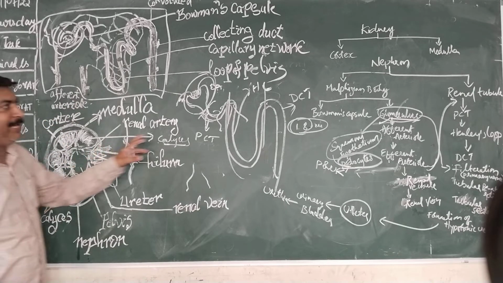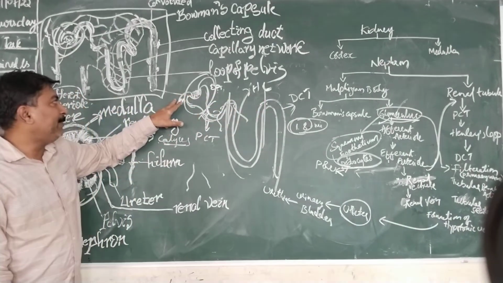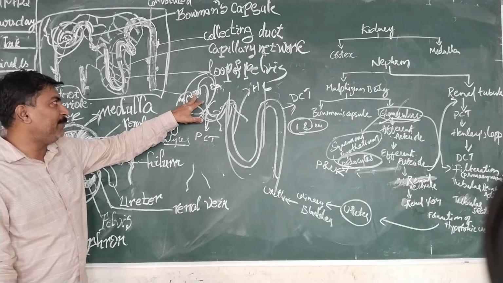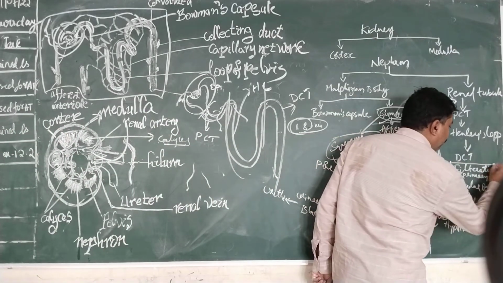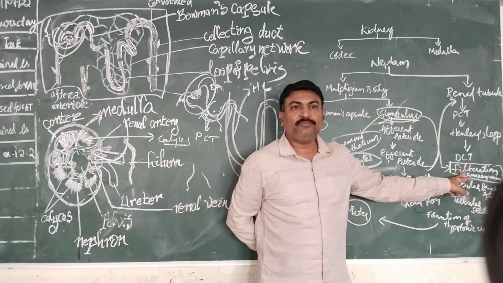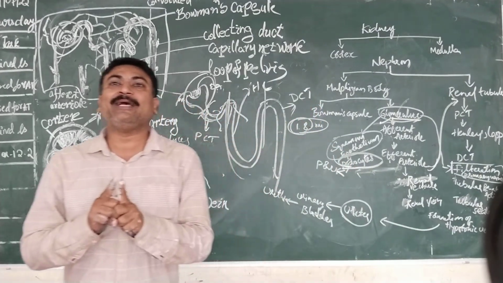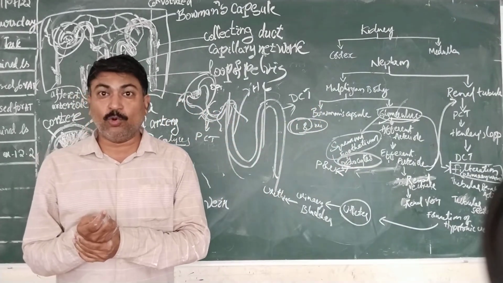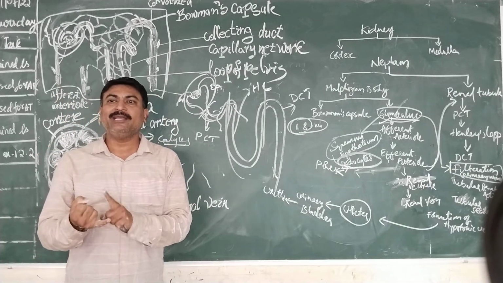Now let me explain what actually happens in the filtration process. When the blood enters the glomerulus, glomerular filtration will take place, where the blood cells will be separated from the remaining portion. Only blood cells get separated: red blood cells, white blood cells and blood platelets.